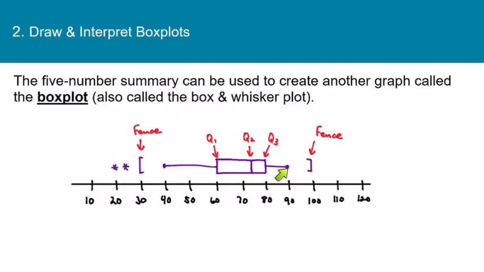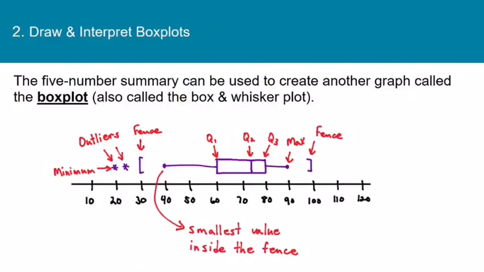So if you look at the right whisker, because there are no values past this largest value, this is the maximum value in our data set. But on the left side, there are outliers outside the fence. So this smallest outlier is the minimum value in our data set, and this value is the smallest data value that's still inside the fence.